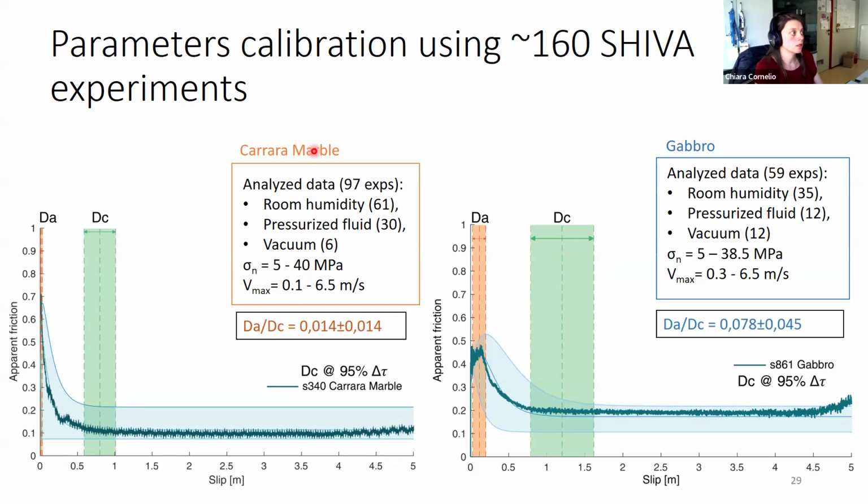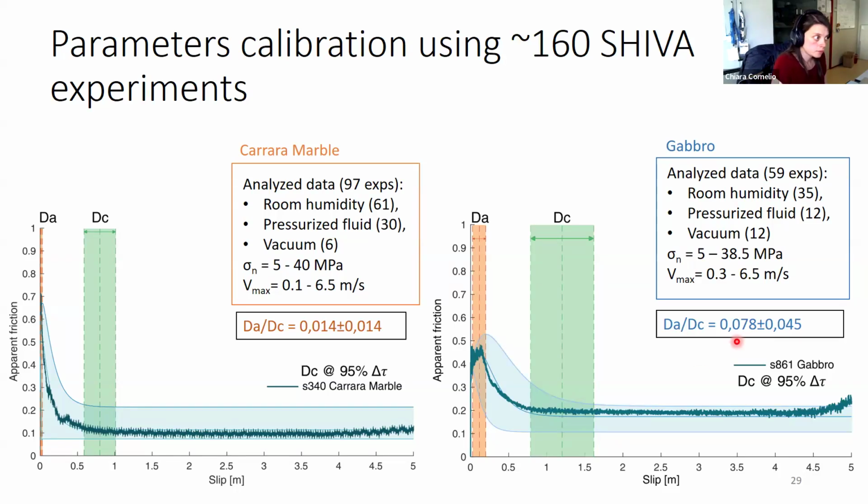And what we saw is that by just studying Carrara marble and gabbro, we can have a real difference in the ratio between dA and dC. The dA over dC is much smaller for Carrara marble, about 0.015, and bigger in gabbro, 0.08.